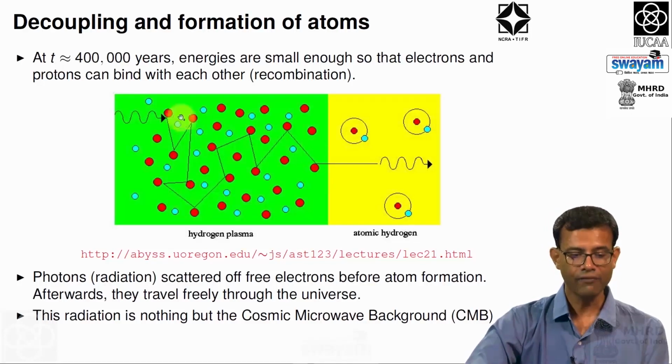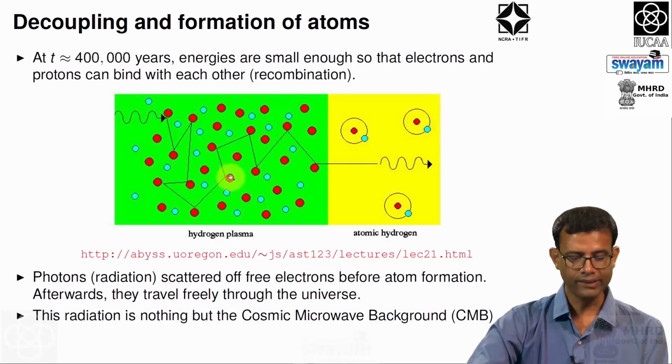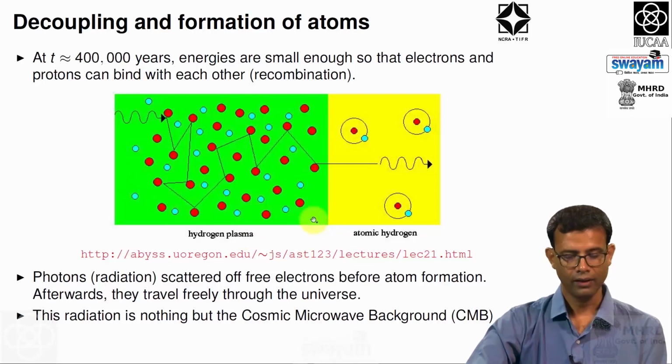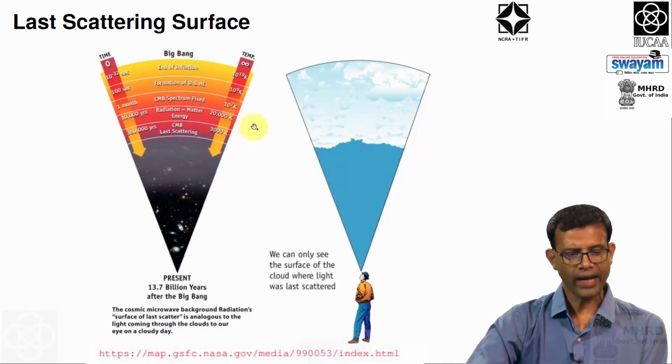Let me again reiterate that in this cosmic microwave background, the photons were interacting quite intensely with the electrons at early times, which brings them to some kind of equilibrium, and because of that the radiation spectrum is very highly, perfectly black body. This also acts as what we call the last scattering surface.